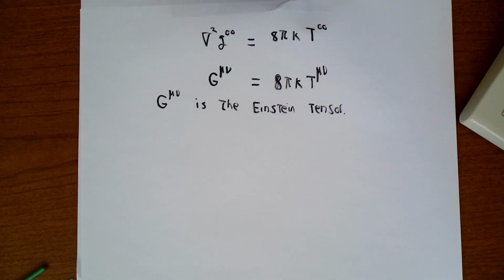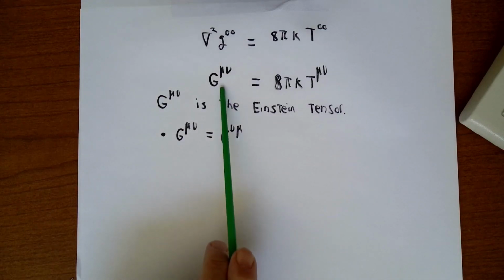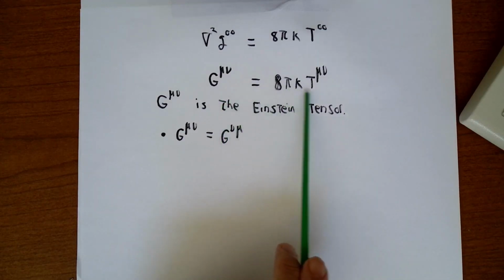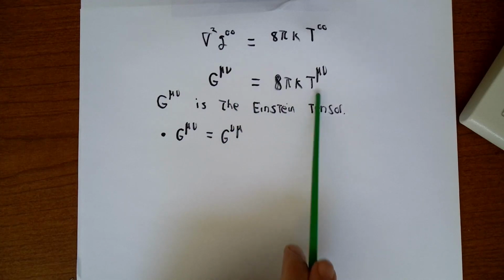We have achieved less than you might think because we know very little about this capital G tensor, although we do know certain things. Strictly speaking, we've only convinced ourselves that the T-tensor is symmetric in the case of dust, but it turns out to be true in general. T mu nu equals T nu mu because G mu nu is a constant times T mu nu.